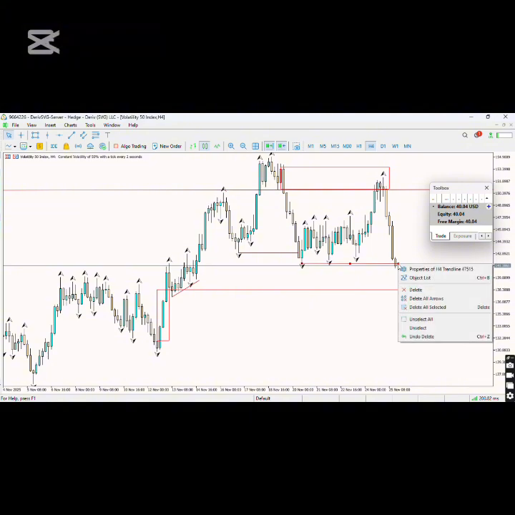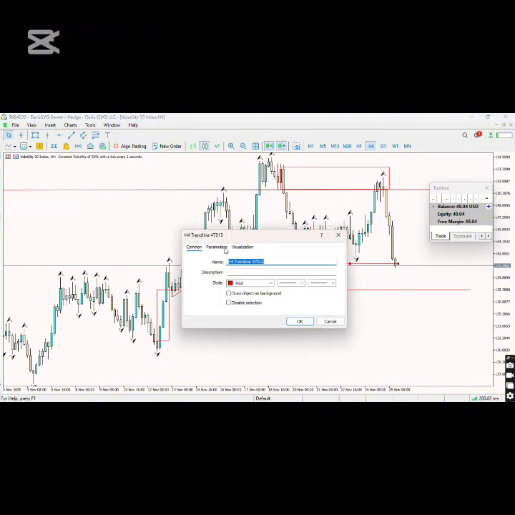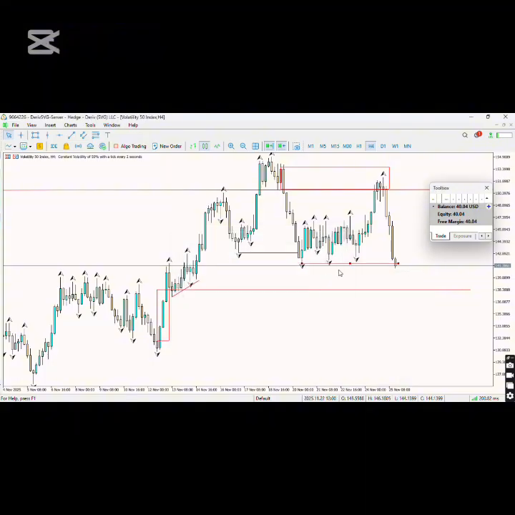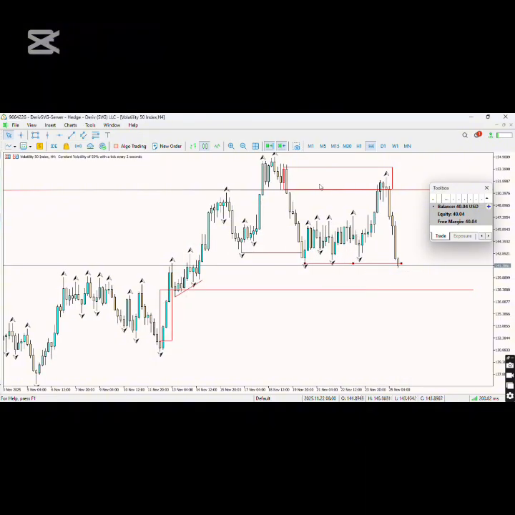If we break the structure, we close right below this area, which yes, it might take a while or some time, but I really do believe we're gonna come back to this area before continuing going down.